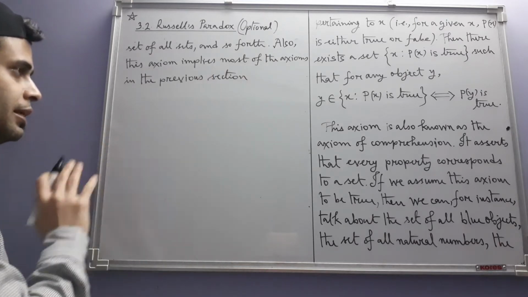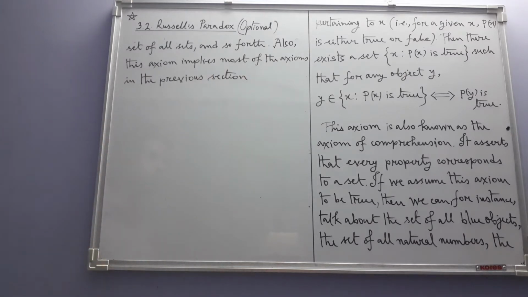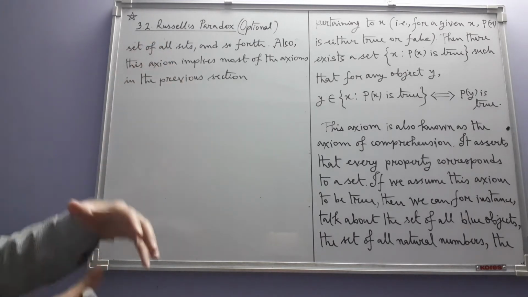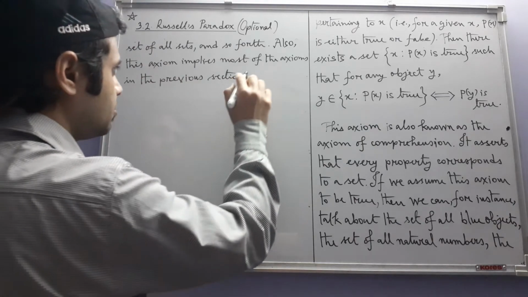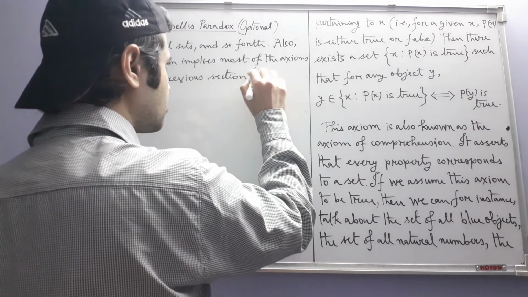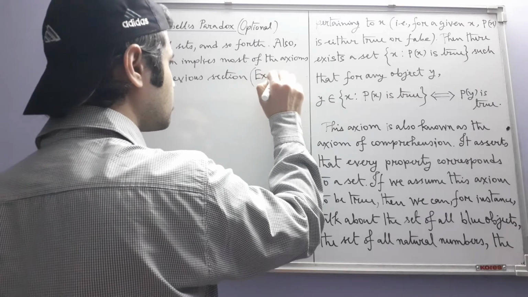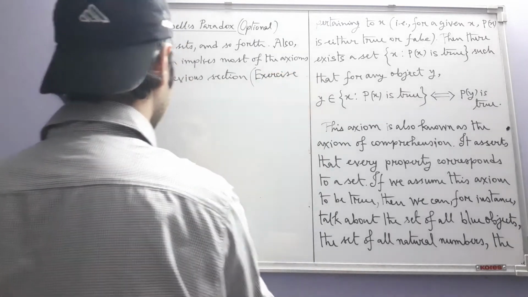So many axioms, almost all of them are consequences of this axiom. So it seems like instead of those axioms, we can just have this one. And this is the content of the first exercise of this section.